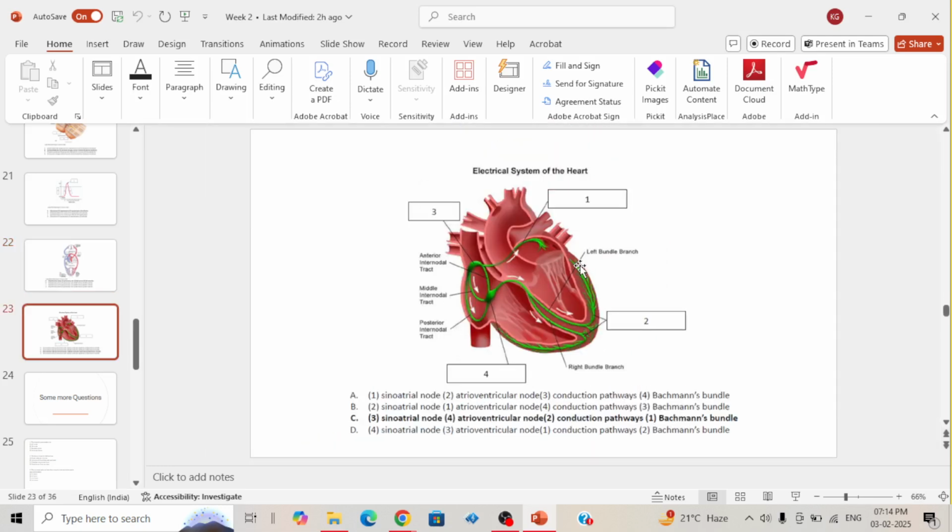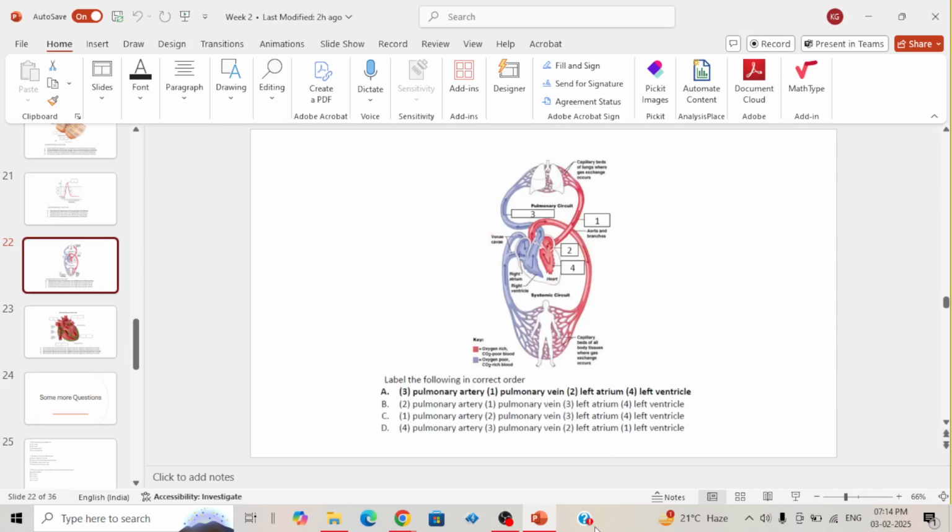Okay. The one that is marked as fourth is, no, it is left ventricle. I am asking about 4. Left ventricle, ma'am. And the one that is marked as 3 is pulmonary artery. Yes, this is pulmonary artery.